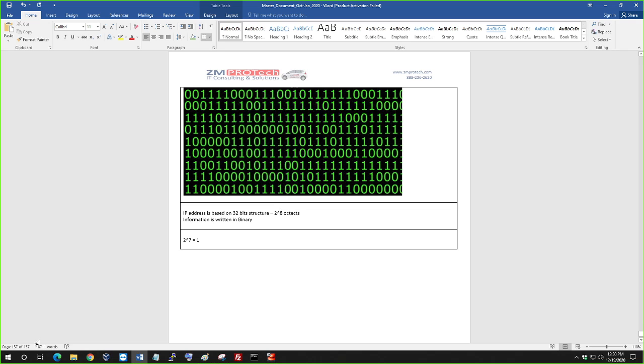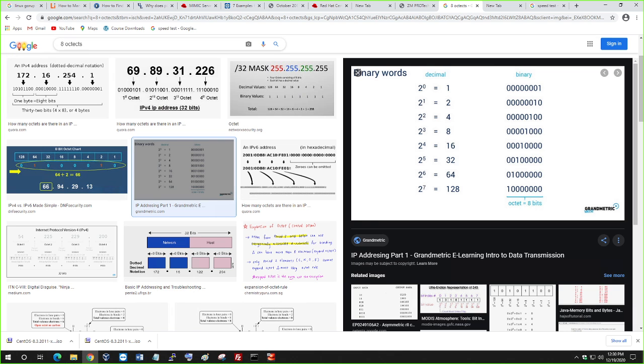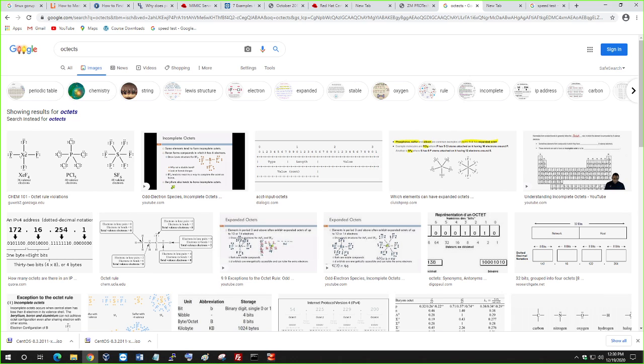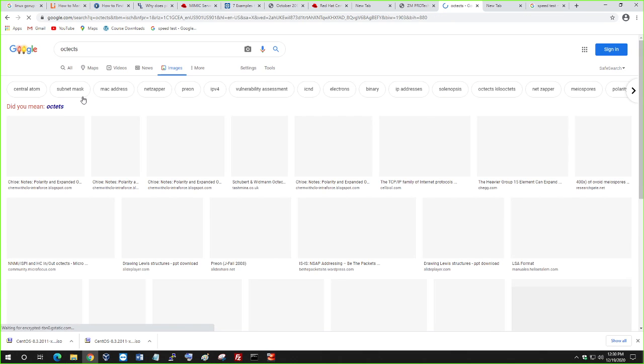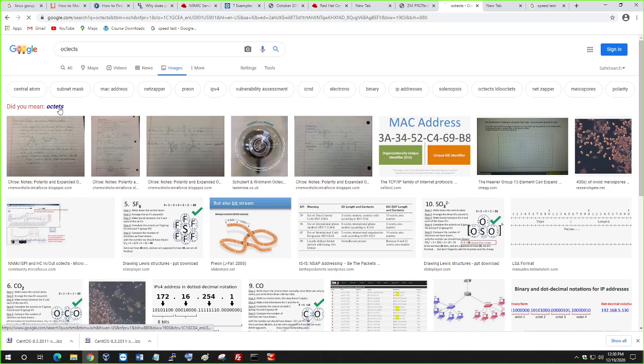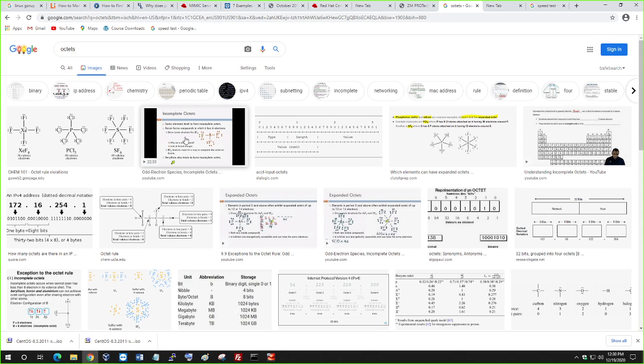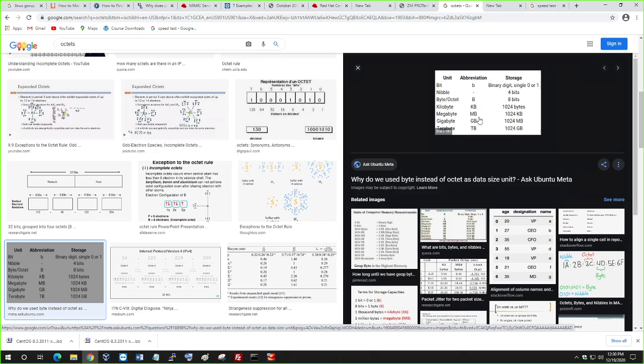How is this being calculated? So octet means 8 is 1 octet, 32 is 4. Yeah.